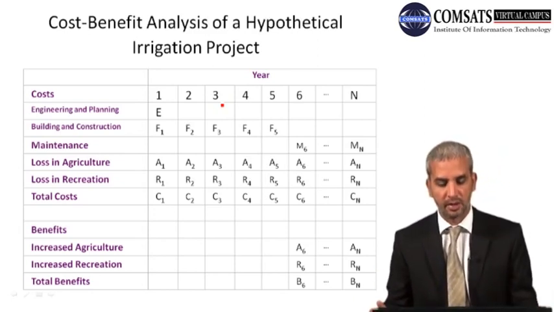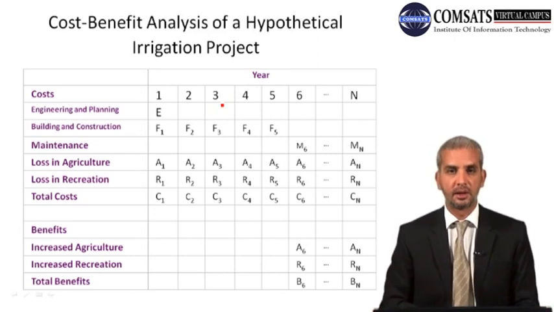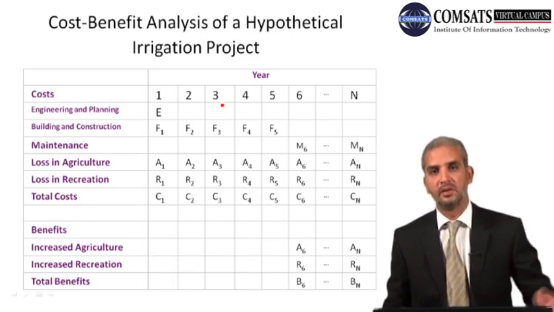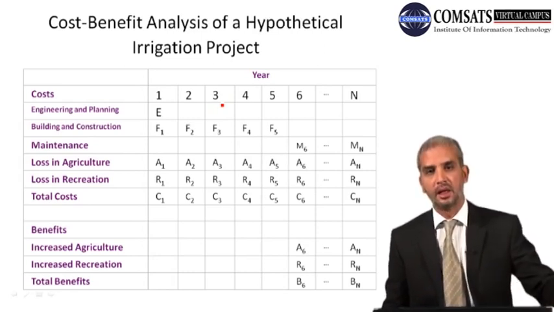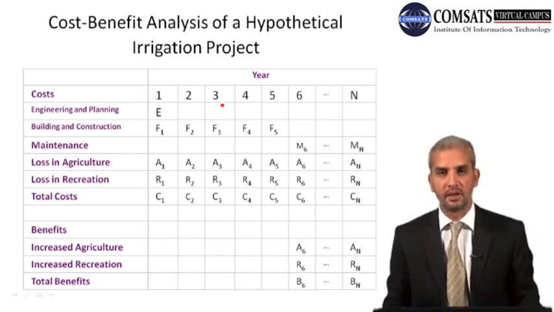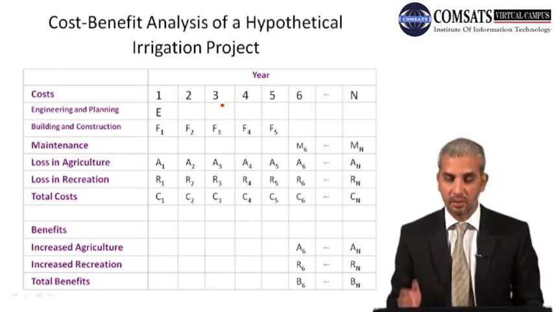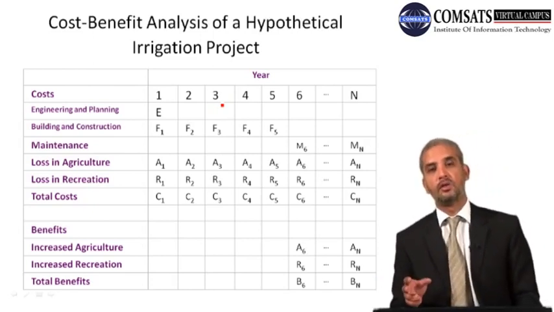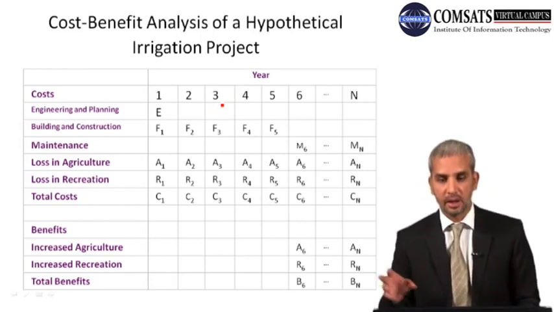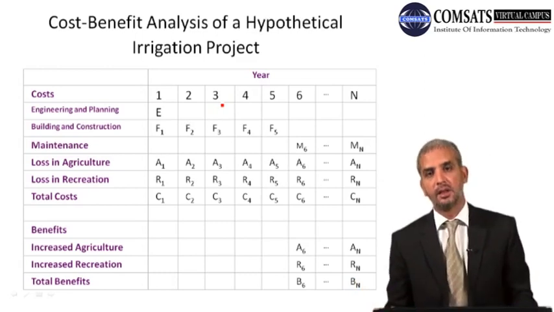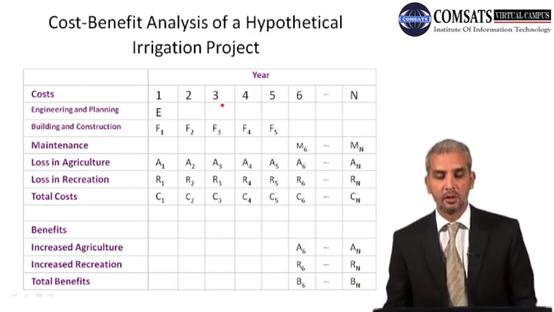For example, 44,000 acres were done for Nebraska in US in 1967. It is not that today I plan to start the irrigation facility, and tomorrow the land is fertile, and the next day the crop is coming out and being sold in the market, and I can see the benefits immediately. The benefits might take certain years to come. That's why we were considering the issue of discounting the returns and costs and bringing them on the same platform, and then seeing whether the project was viable or not.